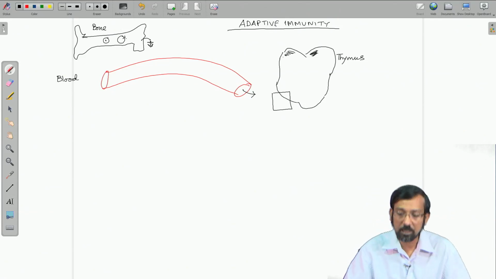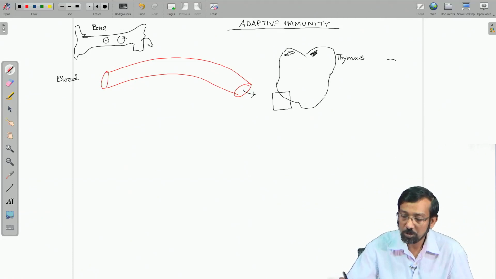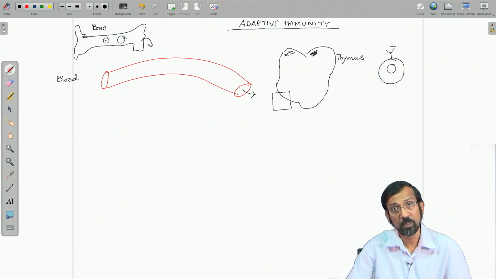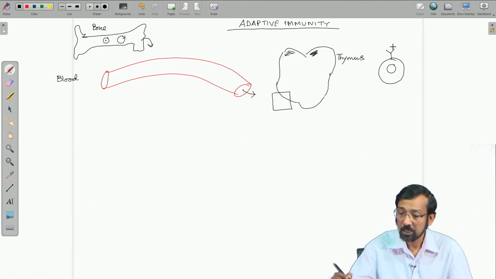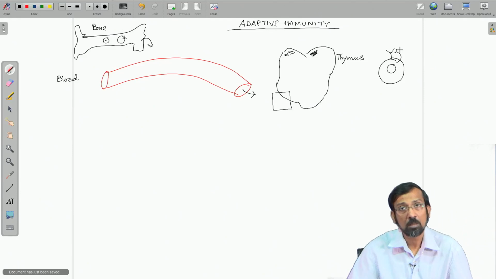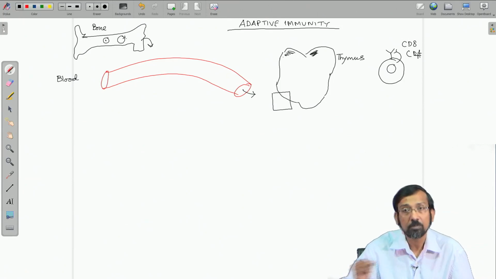Now, what is a mature T cell? A mature T cell should have what we call a T cell receptor. So, it should be expressing a T cell receptor, and along with it a co-receptor, which can be a CD8 or a CD4 co-receptor.